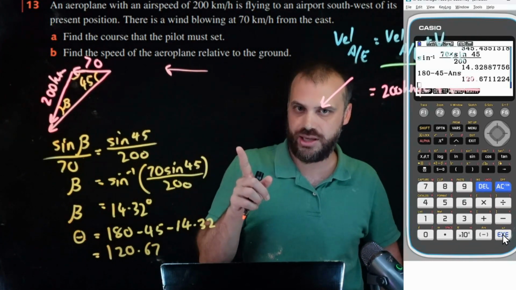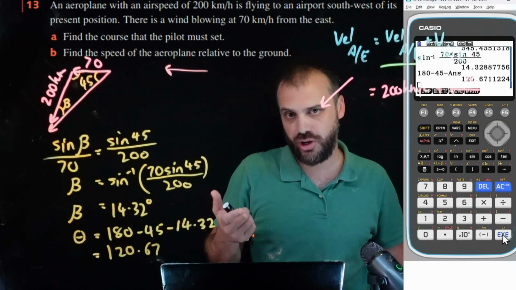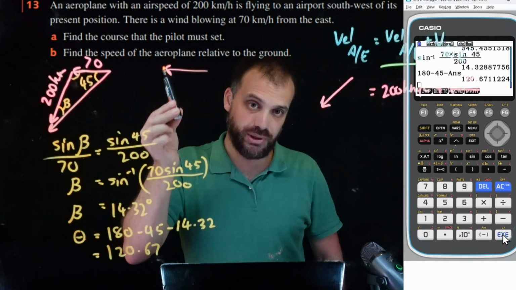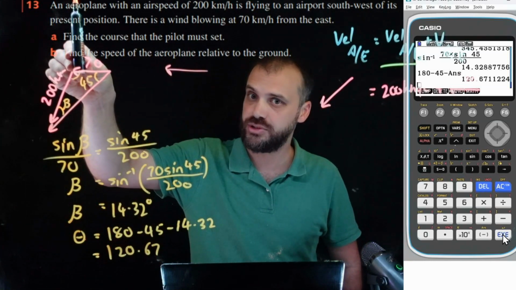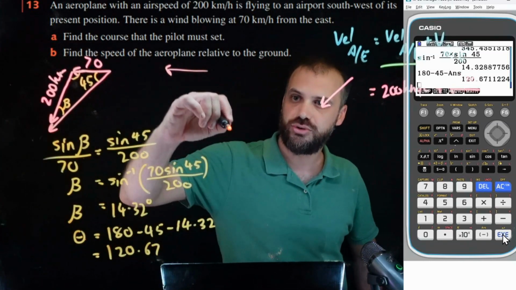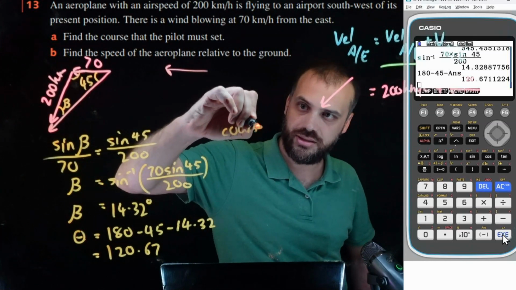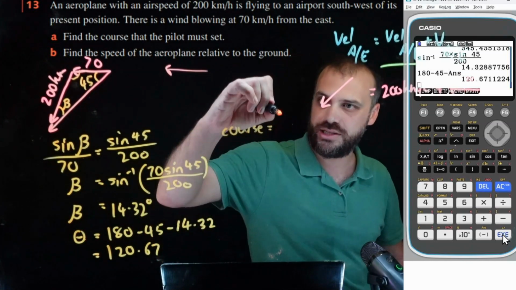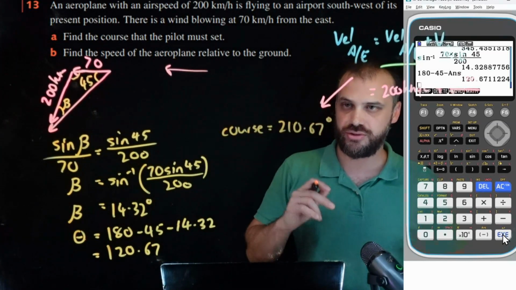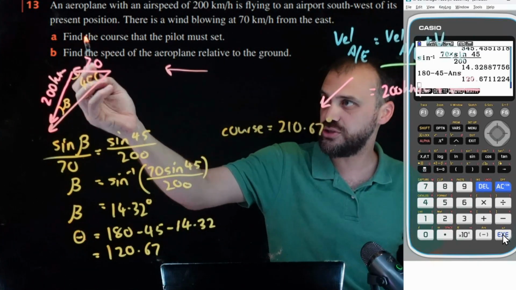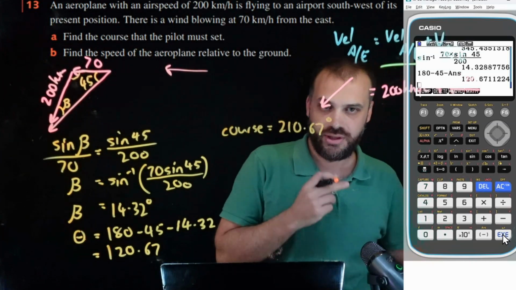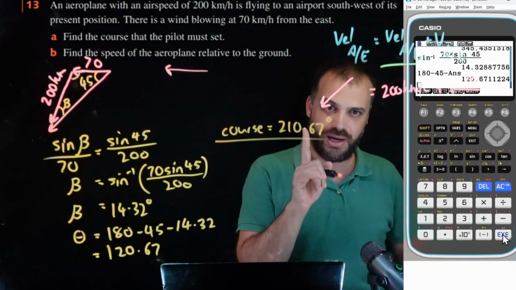That's still not my answer though, because it says find the course that the pilot must set. That angle there is 120.67, but the course that the pilot must set is a true bearing. Start at north, rotate through 90, then add the 120. So the course we need is equal to 90 plus that, which is 210.67 degrees. So that is my answer to part A.